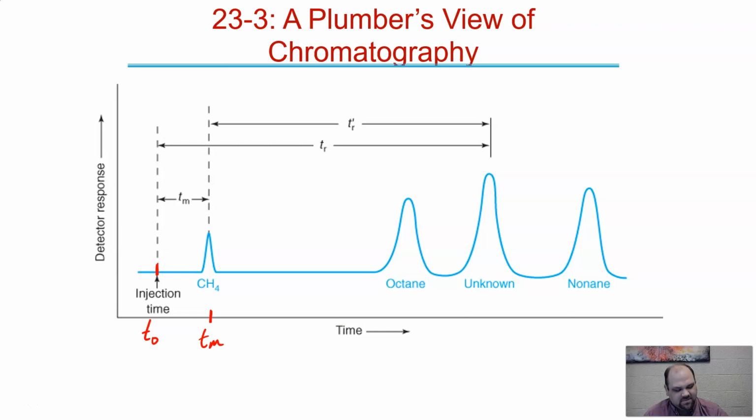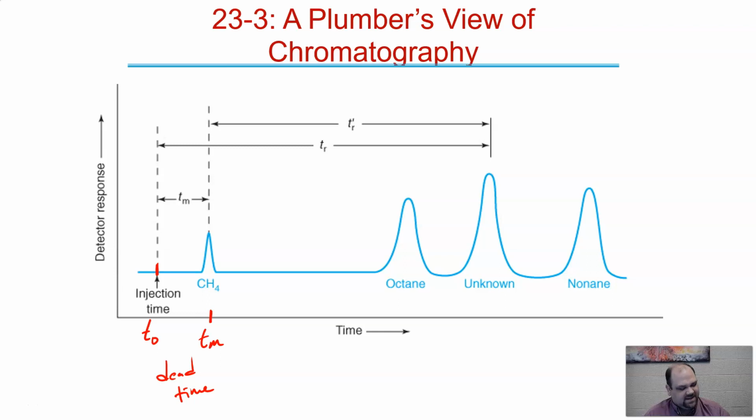Another name for this time is the dead time. Right? We're not going to get any peaks in that time because that's literally how long it takes anything to go through the column.